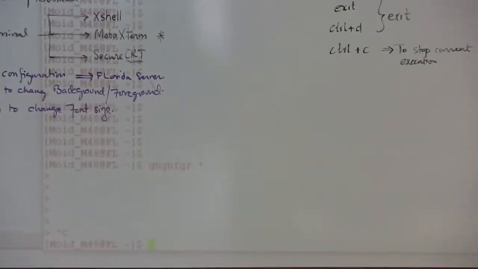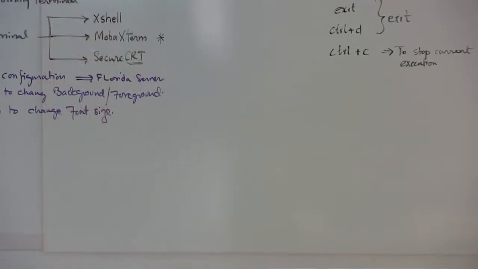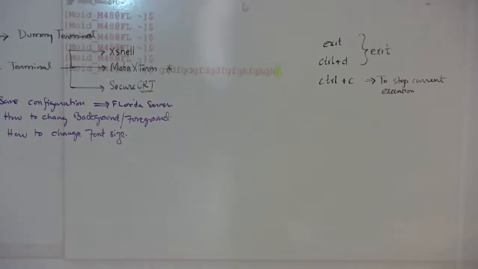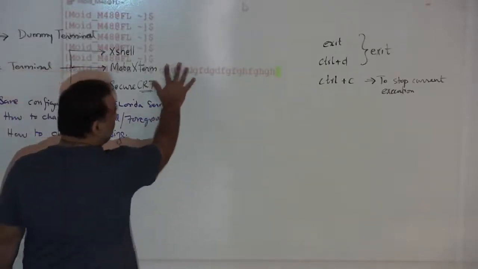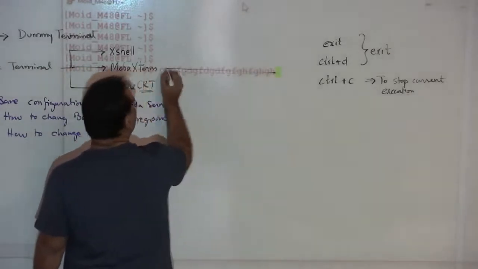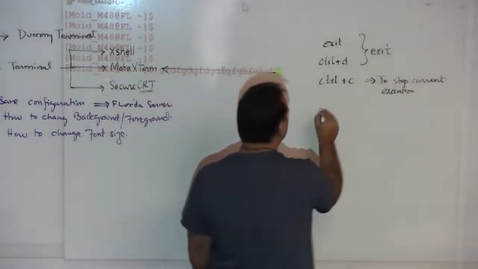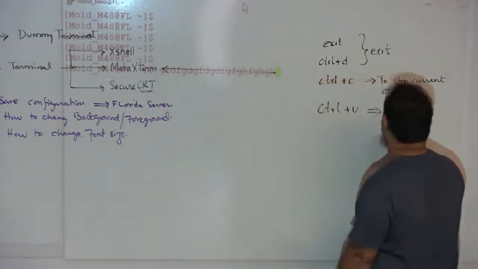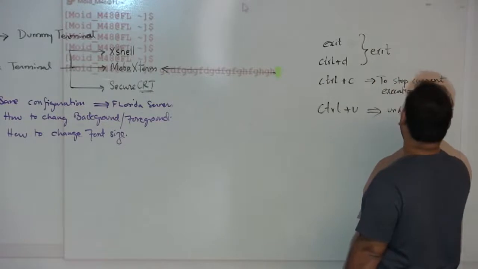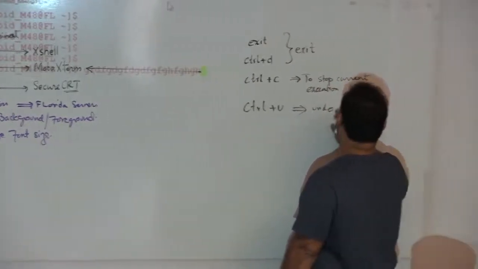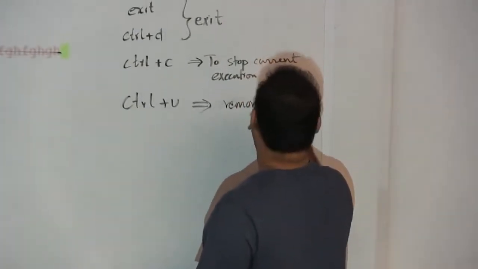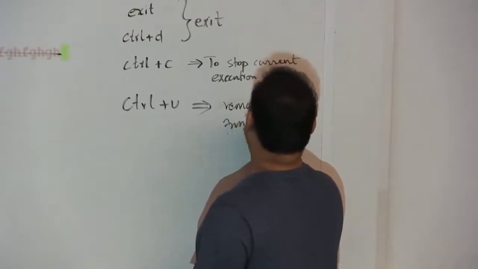Okay. Now I'm going to give you another shortcut. Control L here, and you type something here. And then you realize that you want to remove everything from your cursor to the beginning. Then you can press Control plus U. Basically you are saying remove left from cursor.